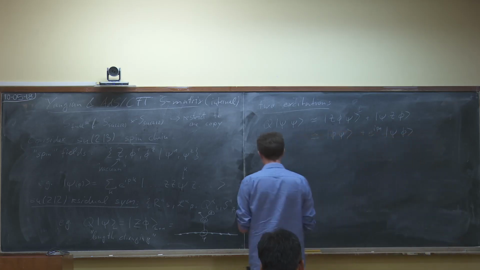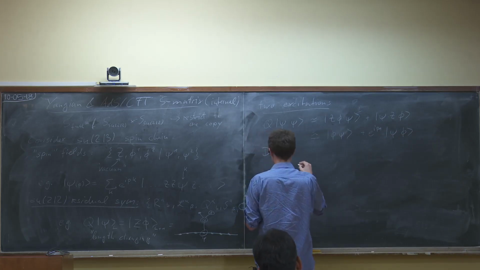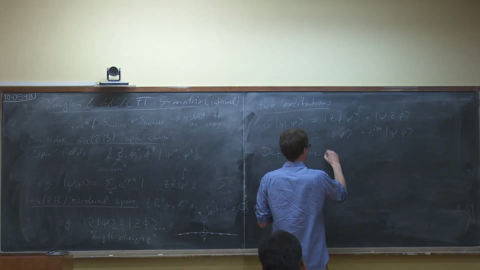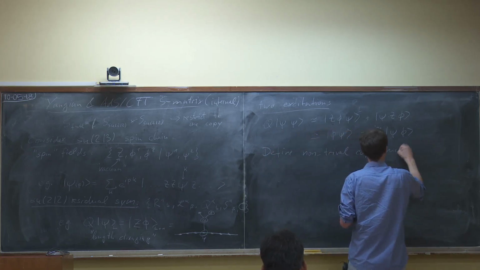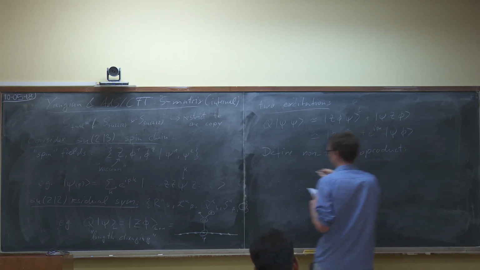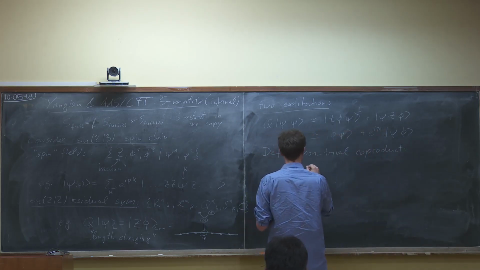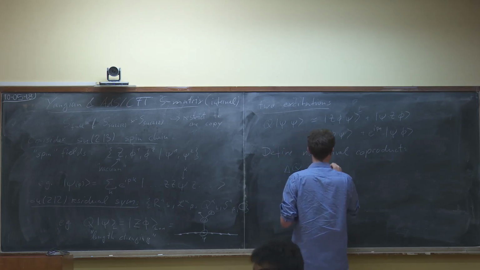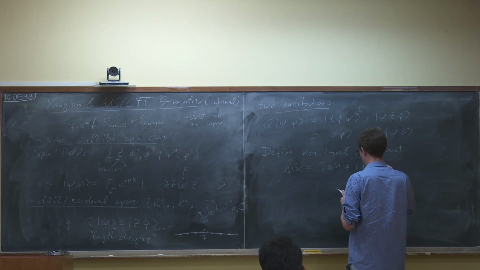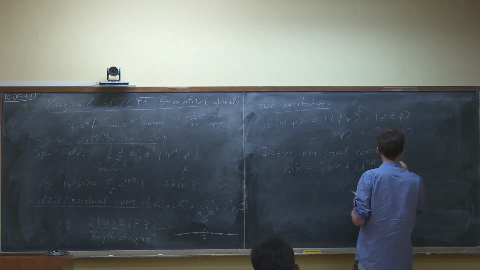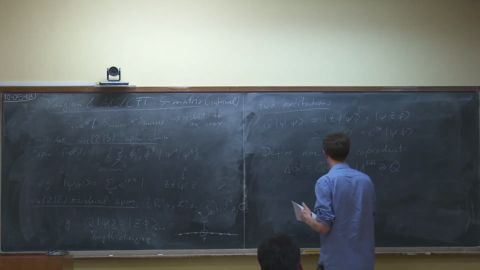And algebraically, the thing that one does is to define a non-trivial coproduct, delta of q, which is now this, and now I insert some additional braiding factor.